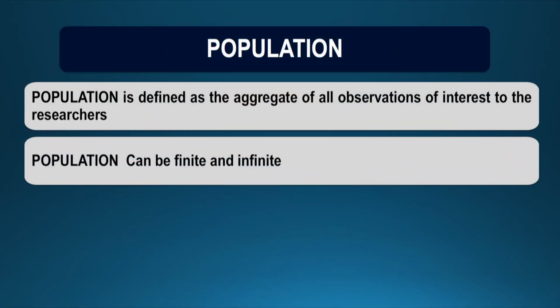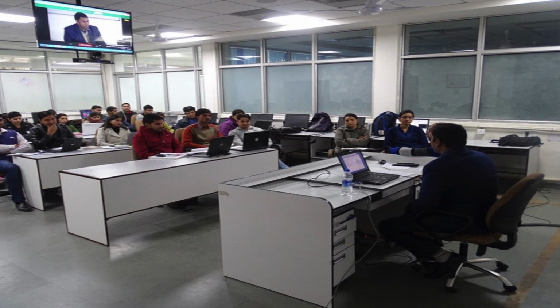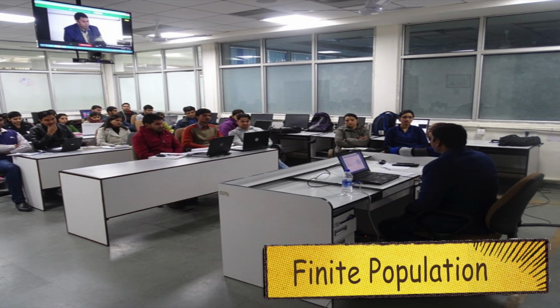Population can be finite or infinite. If the researcher wants to study the academic performance of all third semester students of Master of Engineering branches in a given technical institution, that population is considered finite.